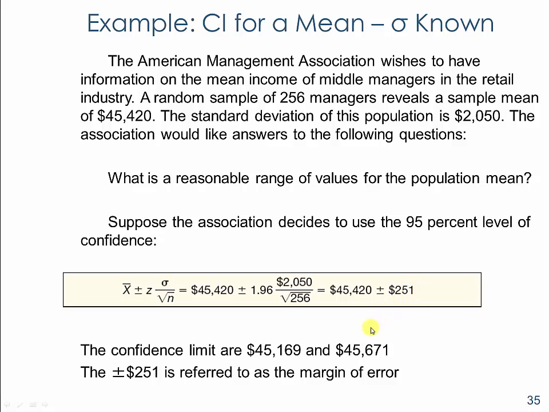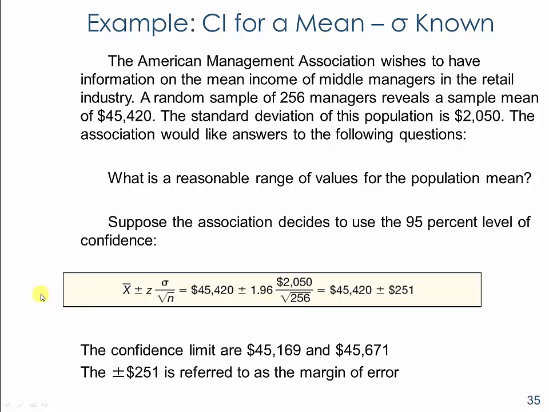The confidence limits are 45,169 and 45,671. So with 95% confidence, we estimate that the population mean is between 45,169 and 45,671. The $251 that we came up with here is referred to as the margin of error.